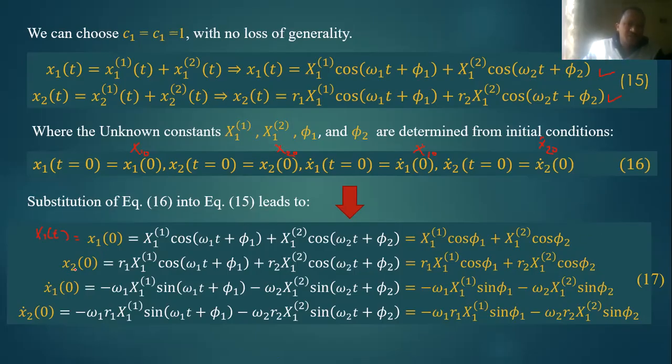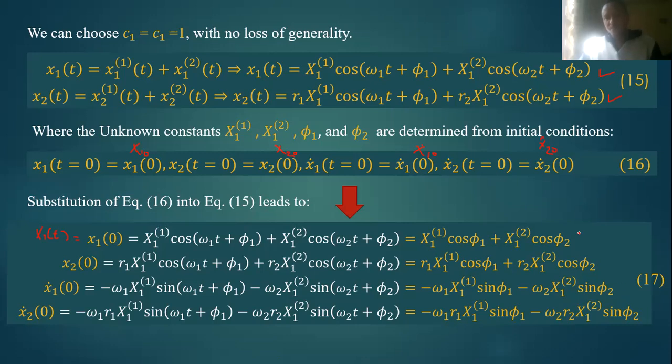Again, the second, x2 of t, which is x2 of 0, when we substitute t equals 0 in this equation, gives us this equation. Similarly, for the first derivatives of x1 of t and x2 of t, we will get this kind of equations. These are the derivatives of x1 of t and x2 of t.